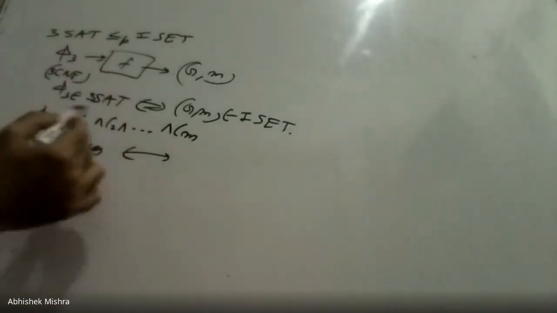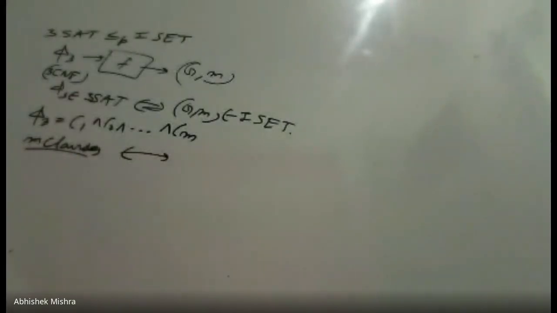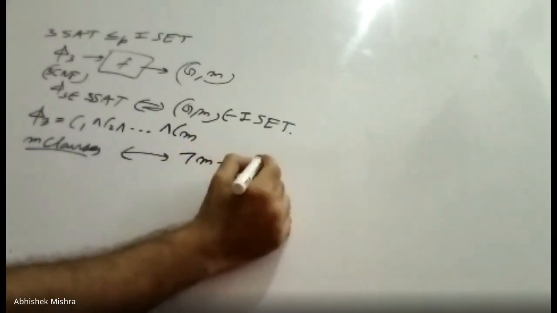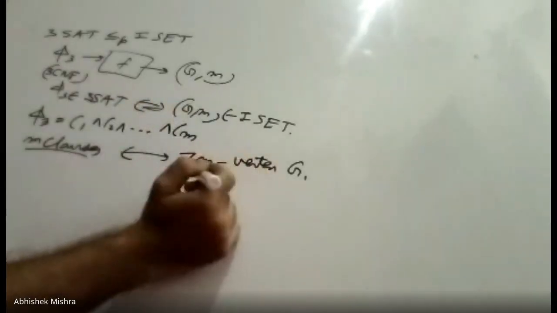Suppose our formula has m clauses. Then the graph G will have 7m vertices. This will be converted into a 7m vertex graph, and the number will be m.